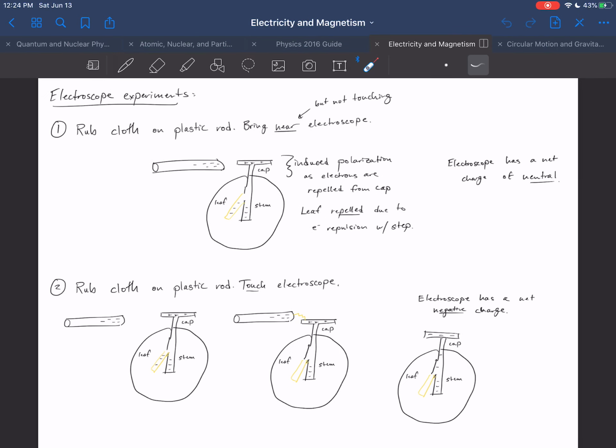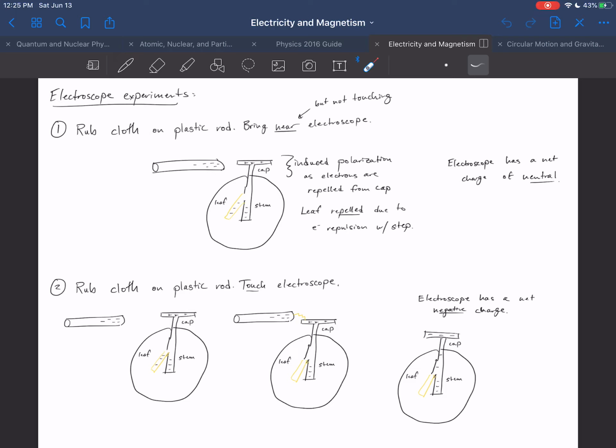Traditionally at this point, we would conduct some very practical experiments using something called an electroscope. What I'm going to do in the rest of this video today is to simply discuss those experiments and use a little bit of a simulation to kind of show what's going on. Ideally, you will also see these in person. So these experiments are done, again, using our cloth and our plastic rod.